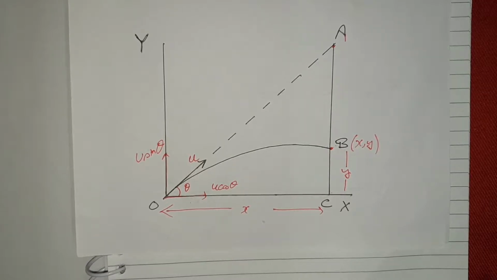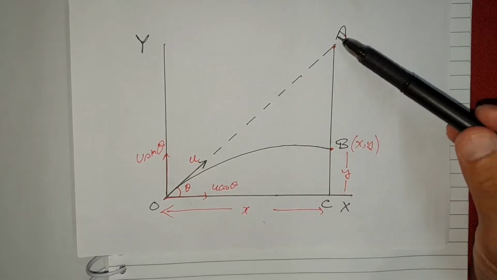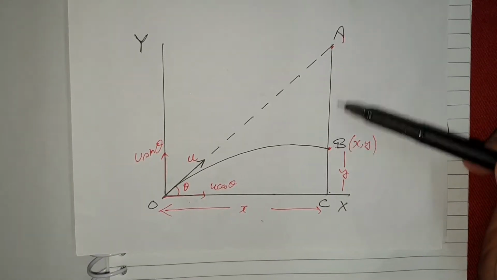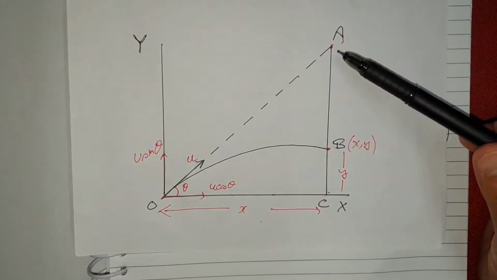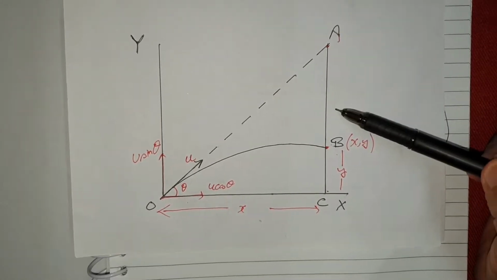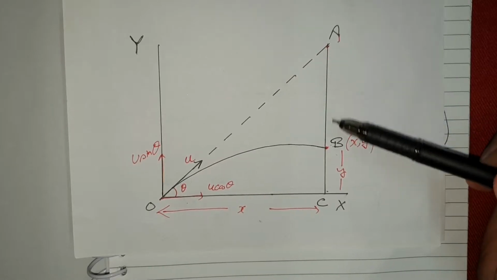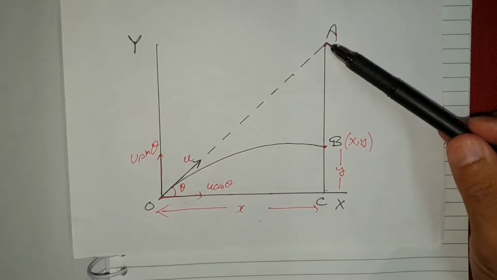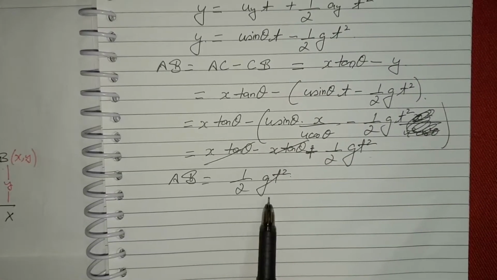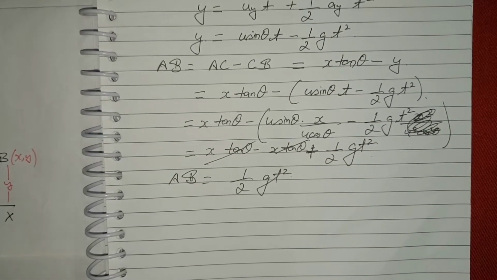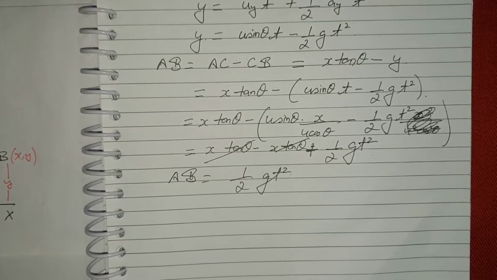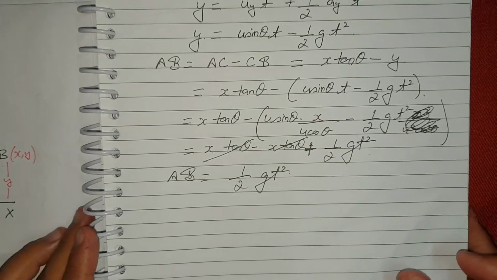It means the bullet will pass to the point B on the vertical line AC at a vertical distance of half gt square below point A. This is because as soon as the bullet is fired, the monkey also drops in free fall. So the free fall distance of the monkey is half gt square only. So bullet and monkey will pass to the point B simultaneously. Therefore the bullet will hit the monkey.